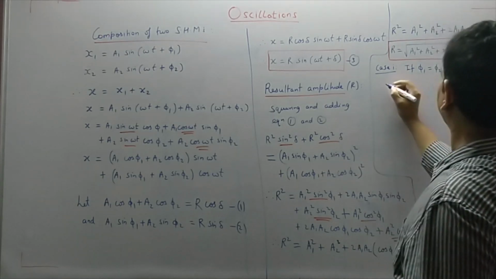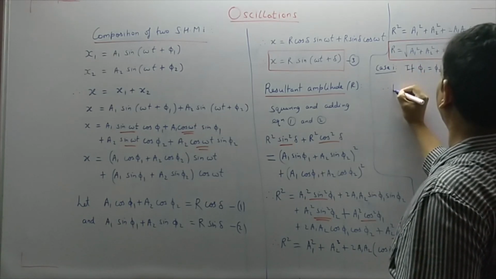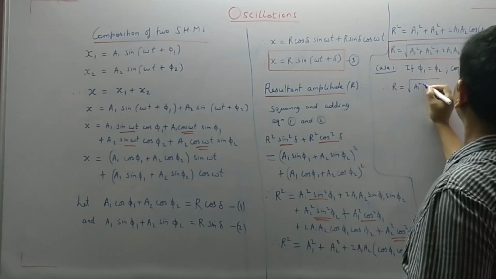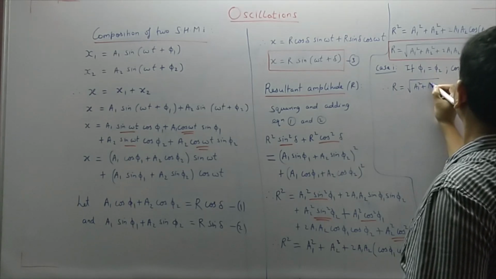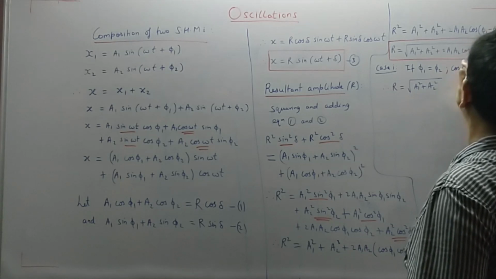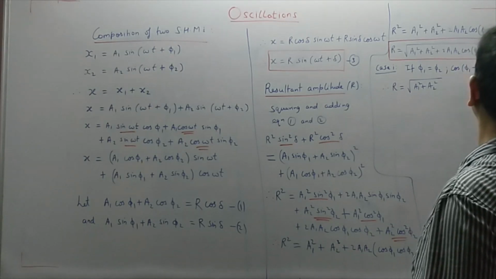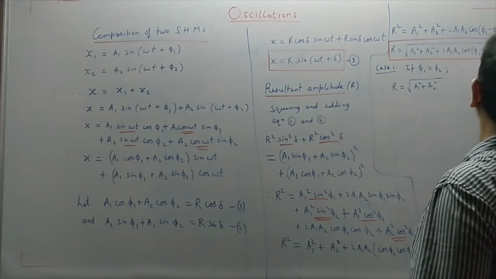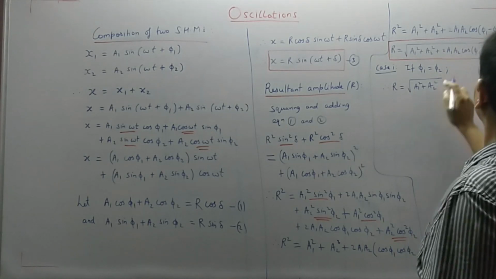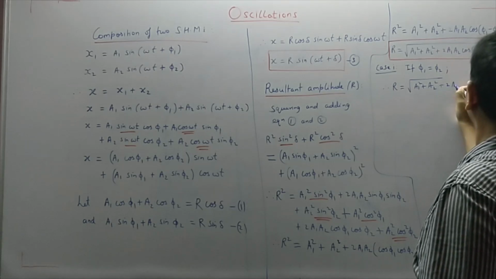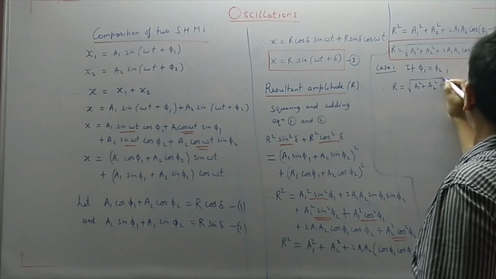Therefore we will get resultant amplitude R equal to the square root of A1 squared plus A2 squared plus 2 A1 A2 cos 0. Directly we can write, phi 1 and phi 2 cancel, we get 2 A1 A2.